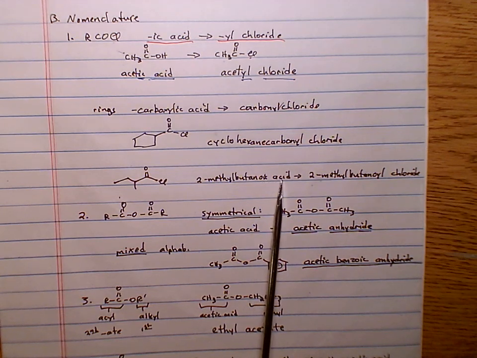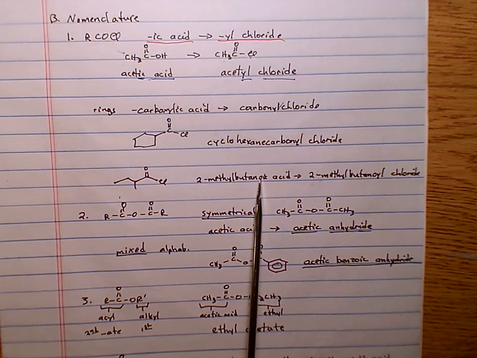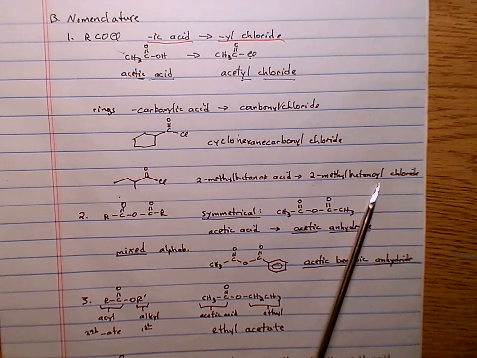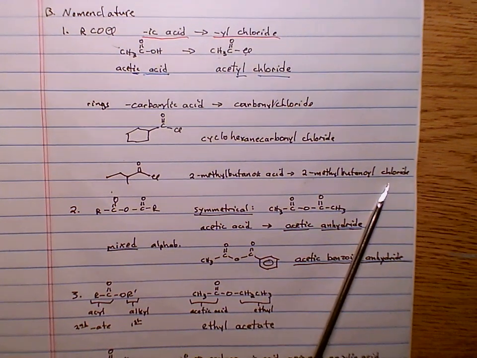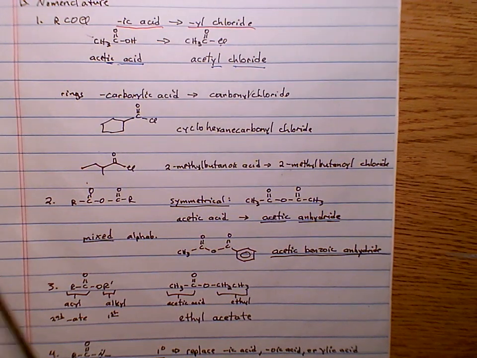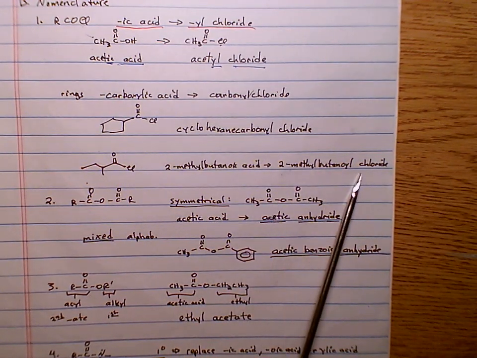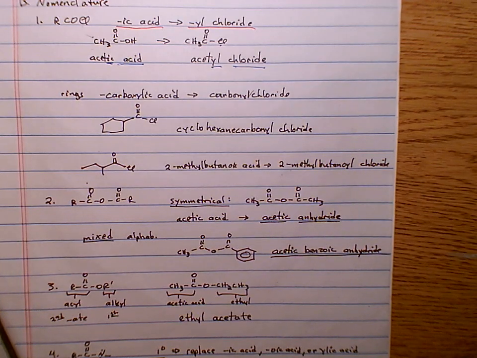We only drop ic acid. We keep the O in there, so this becomes 2-methyl-butanoyl chloride. And some people say butanoyl, some people say butyryl chloride. Whichever works for you. But that's how we name our acid chlorides.